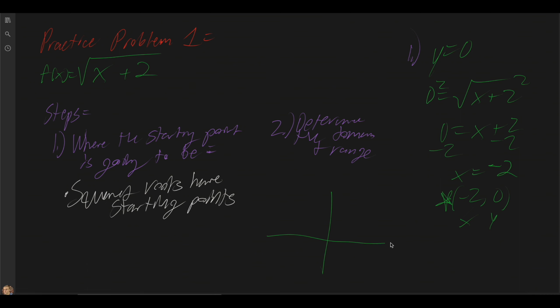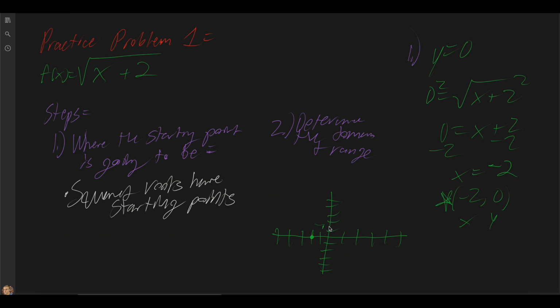So let's draw the graph. And since we are dealing with a positive direction as well, this is how the graph is going to be determined. So we would do 1, 2, starting point, 1, 2.